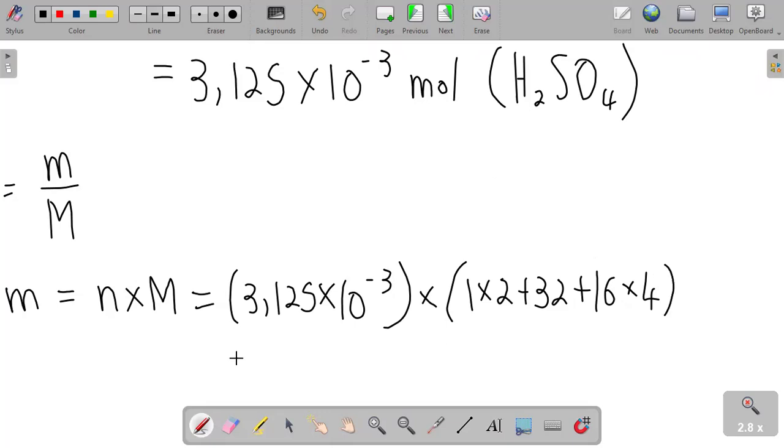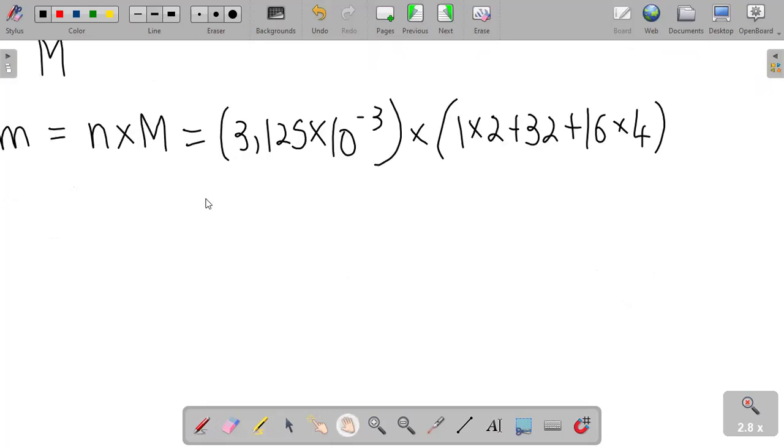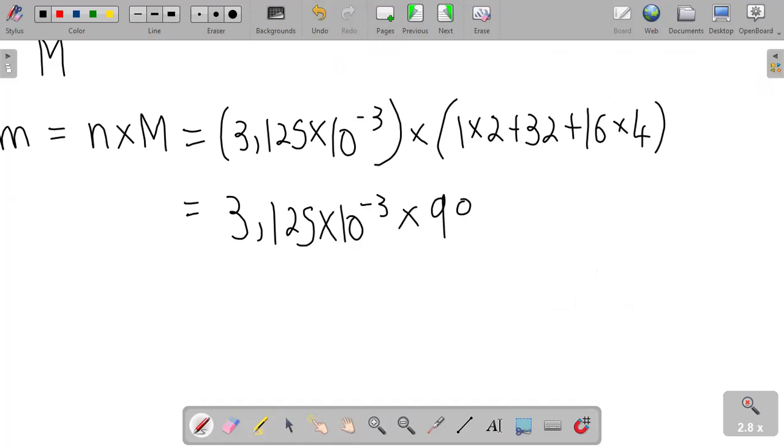Okay. So then it gives us, equals to, we add those numbers there. You use a calculator. So it's 10 to the power of -3 multiplied by 98. And then you use a calculator here.